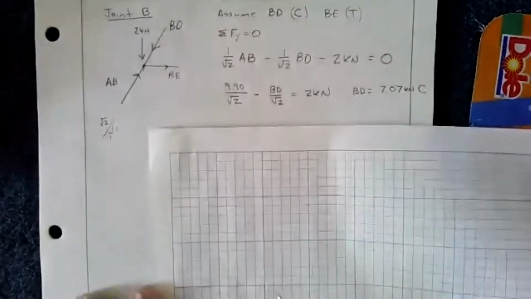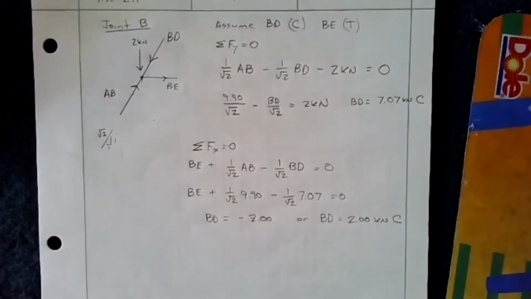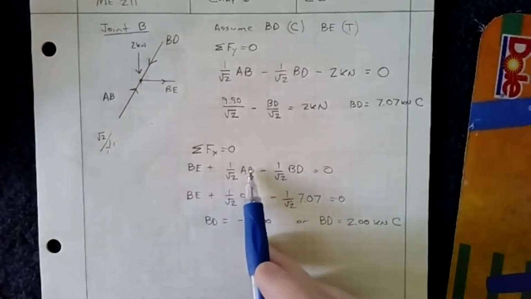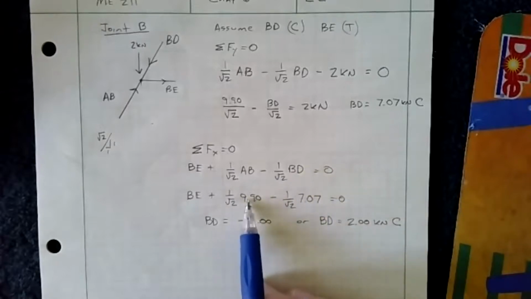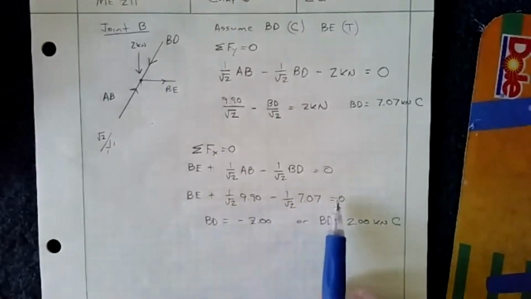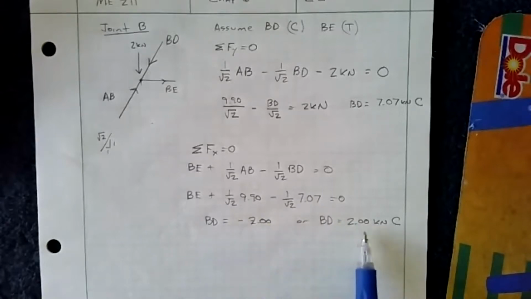So then I do the same thing with this. I sum the forces in the X, and if I do that, I have BE positive plus 1 over root 2 AB minus 1 over root 2 BD. But I can kind of see where this is going because this is a bigger number than that. And so if that's positive, there's no way this is going to add to 0. So I end up coming up with BE equals a negative 2, or BE is 2.00 kilonewtons in compression.